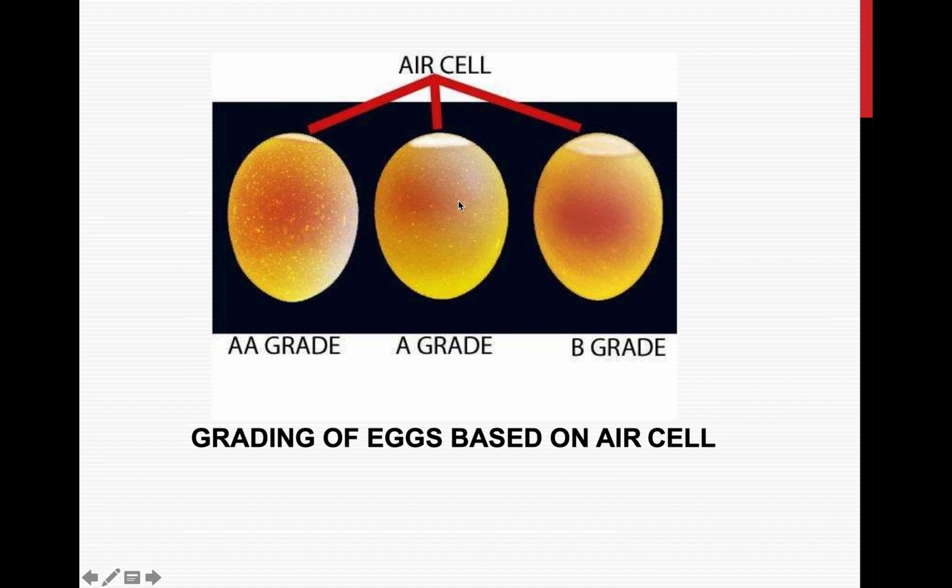In this second example, the sac size is slightly bigger, so we grade it as A grade. In case the air cell covers a large portion, this type of egg is usually low in quality and is graded as B grade egg.